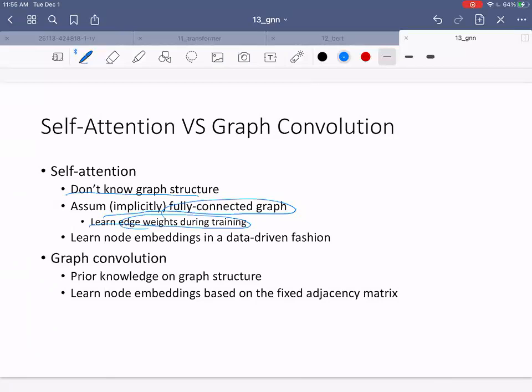Node or token embeddings are learned in a purely data-driven fashion, because you don't know the structure of the graph. In graph convolution, you do know the graph structure, so there's prior knowledge. The graph structure is fixed across repetitions of graph convolution, and you learn node embeddings based on the fixed adjacency matrix. That's the only difference between self-attention and graph convolution.